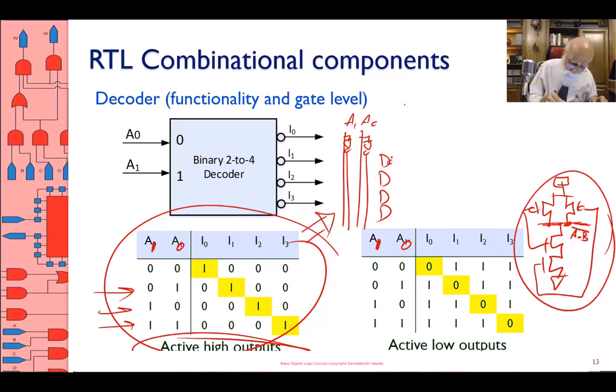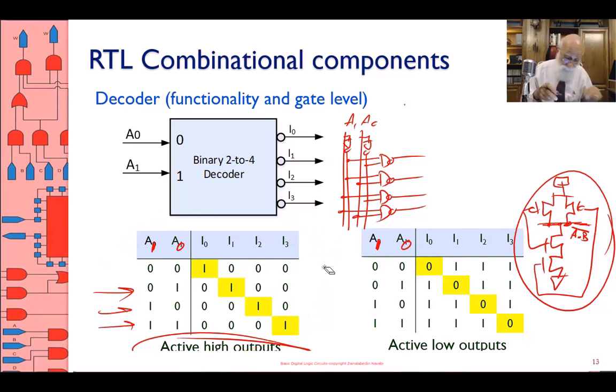Okay, I'm going to use 4 NAND gates. 0, 0, 0, 1, 1, 0, 1, 1. Okay? If I put inverters, it becomes the table on the left-hand side.